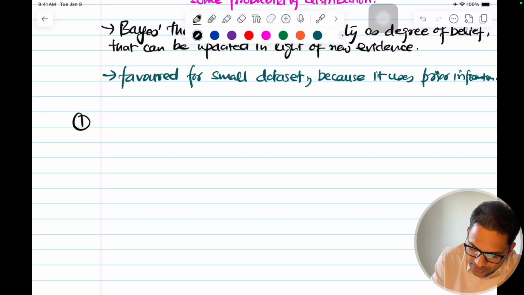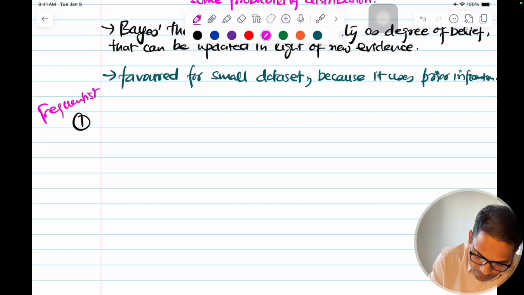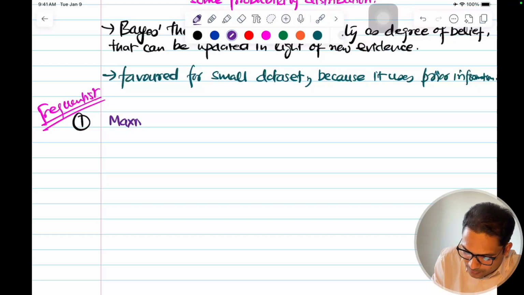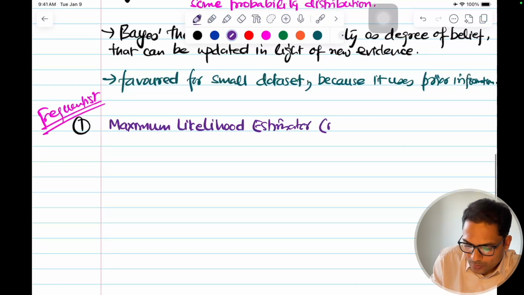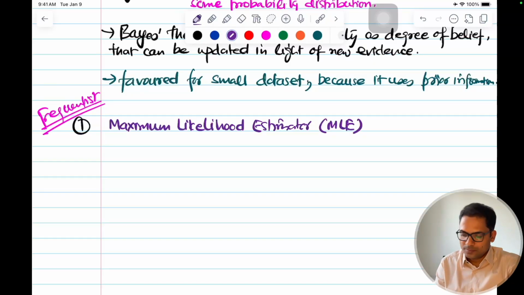So this is coming under frequentist, the maximum likelihood estimator, or MLE.